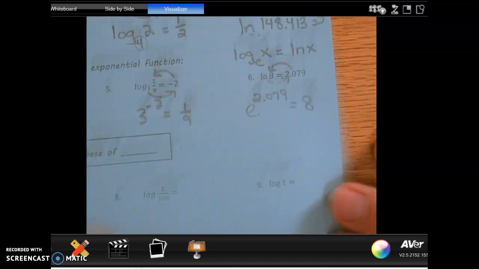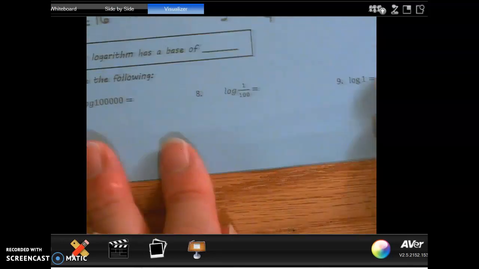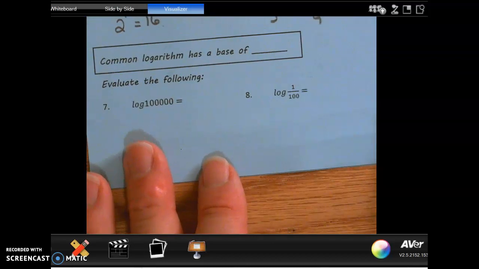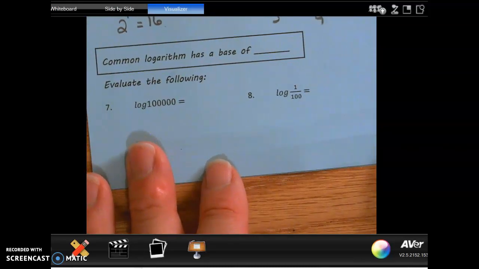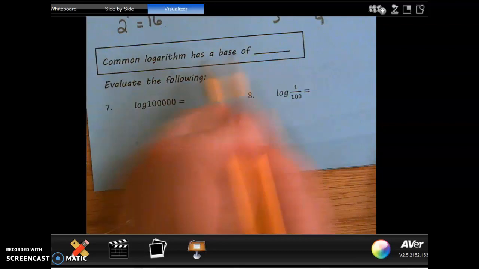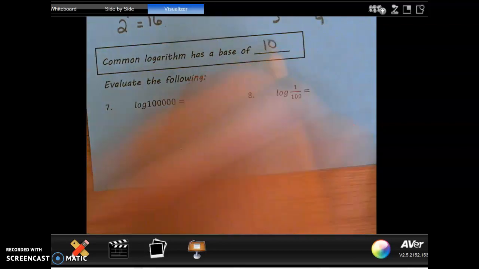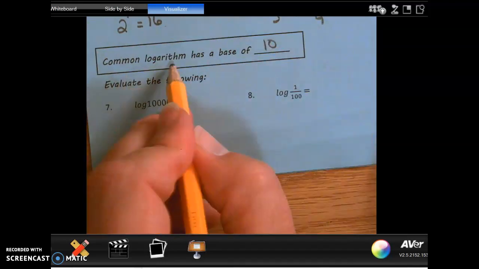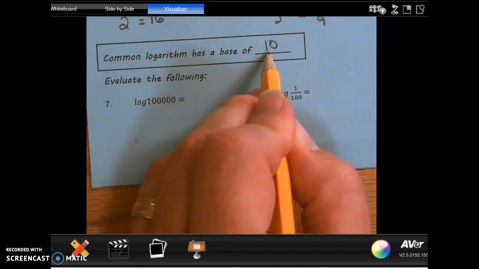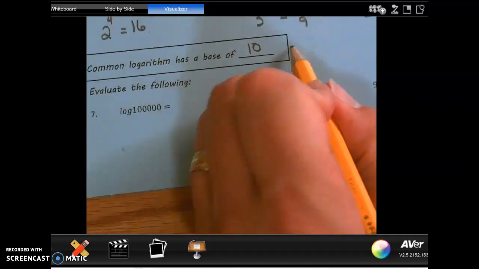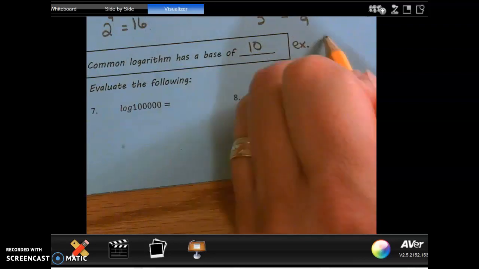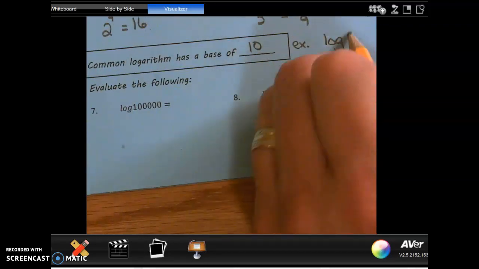All right. So something to keep in mind here. A common logarithm has a base of 10. So when I say a common logarithm has a base of 10, it's going to normally look something like this. Example, log of 100.